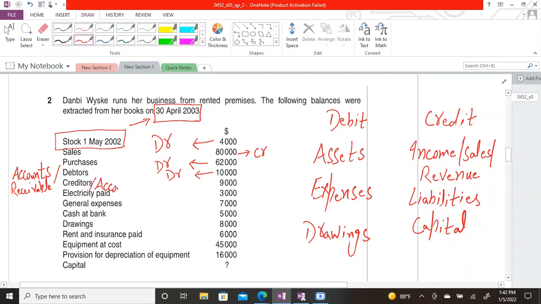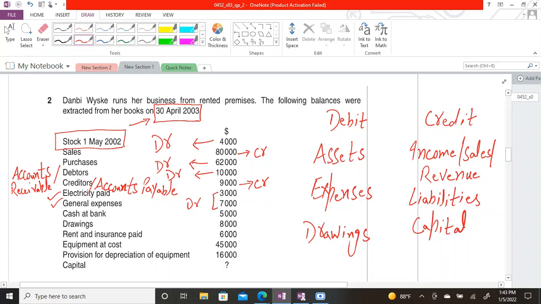So it is debit. Creditors, also called as accounts payable. When the business is buying goods on credit from the suppliers, so this will be on the credit side. Electricity paid is an expense, so it is debit. General expense, so both of them, they are debit.